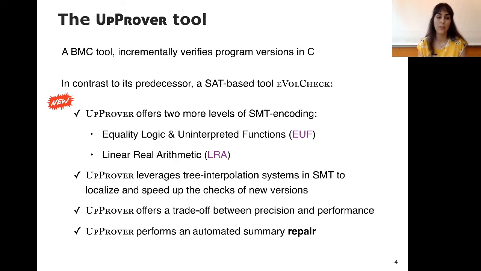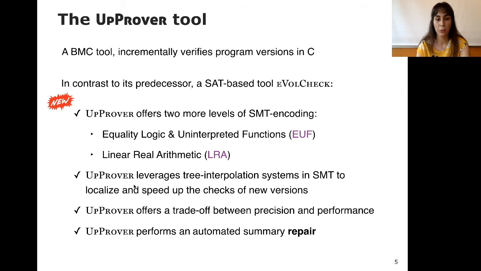versions. Furthermore, due to the flexibility in the using of SMT encoding and abstraction using function summarization, the tool provides the trade-off between precision and performance. Finally, our tool is capable of repairing the already generated summaries to make them available for next runs.